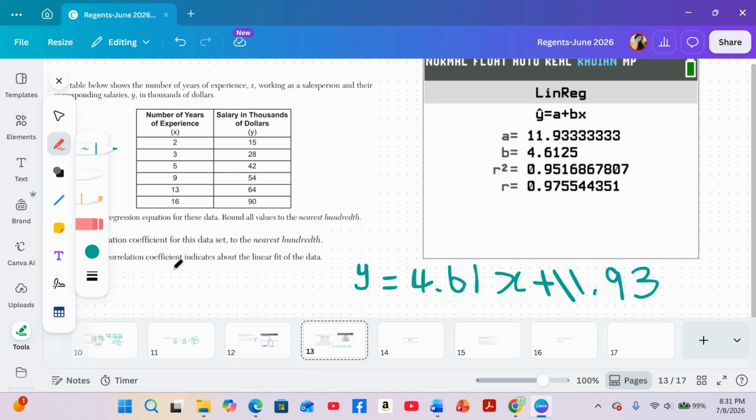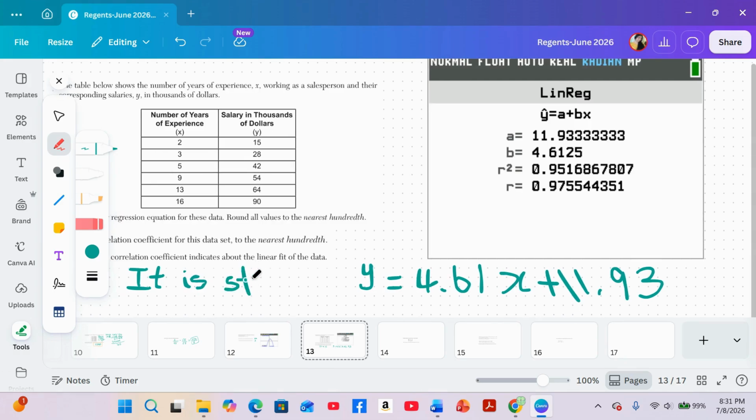And they ask what the correlation coefficient indicates about the linear fit of the data. It tells us that the relationship is strong. It is a strong fit.